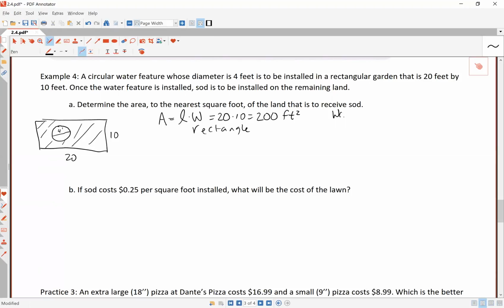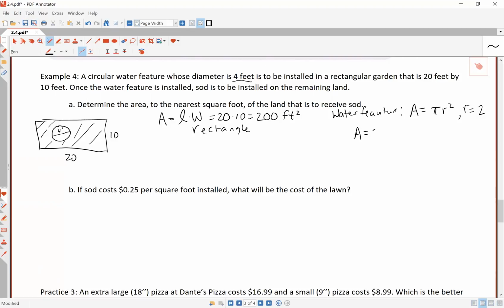But we don't put sod under the water feature, so we subtract off the area of the water feature, which is a circle, and its area is pi times the radius squared. If its diameter is 4 feet, then its radius is half of that, 2 feet.